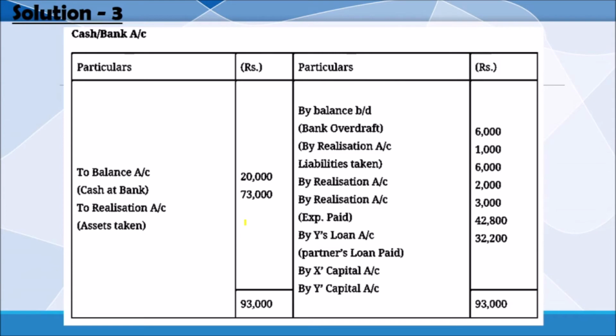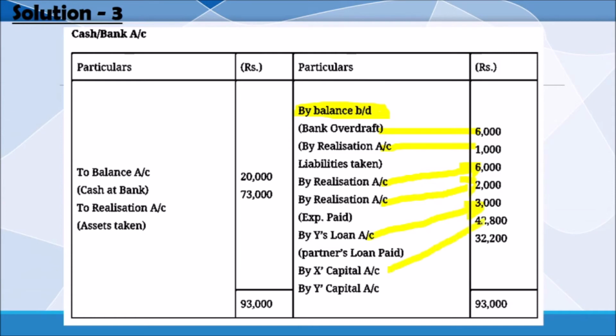That will be transferred to the bank account. And here the cash or bank account is a negative balance because we have taken the bank overdraft balance appearing in the balance sheet by bank overdraft. Then the liability is taken over by the partner, realization. Also, the amount transferred from the realization for creditors, expenses paid, and OI's loan settled 3,000.